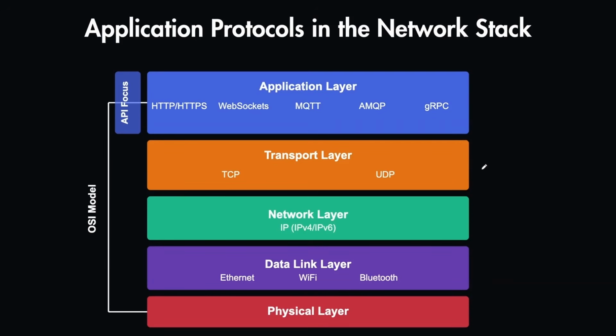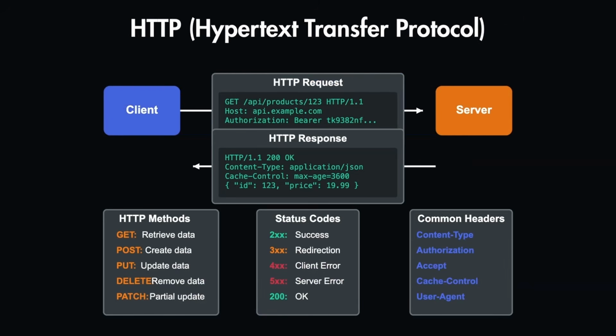Now below that we have many other layers like the network layer or data link layer or even physical layers, but when building APIs we are mostly concerned with the API layer protocols, which are HTTP, HTTPS, WebSockets, and so on. The most common type of protocol and also the foundation of web APIs is HTTP, which stands for Hypertext Transfer Protocol.